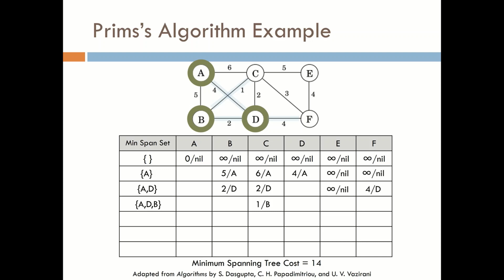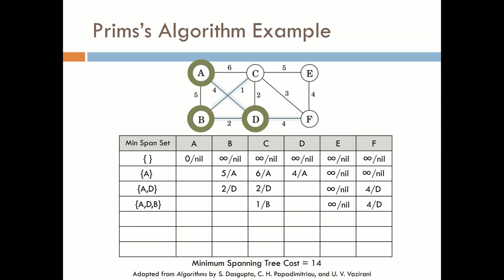Looking at the other ones, there are no changes. B can't get to E, and B can't do any better in connecting D. Well, D is already gone. It's already been processed.